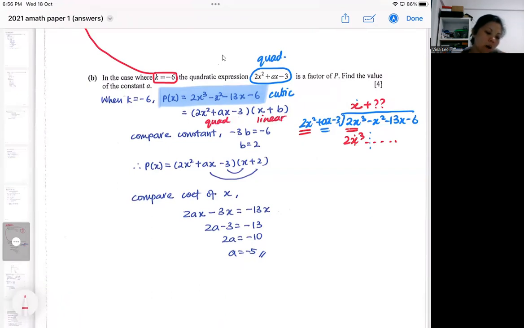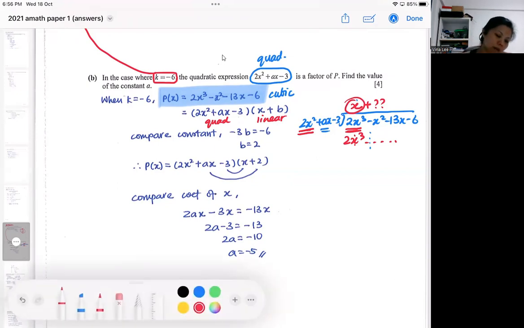How do I know it will be a linear function? If I'm able to do a little bit of long division, my quotient will be linear because 2x squared times x will give me 2x cubed. So I will know that my linear will be x plus a number, and the number is unknown, so I'm going to let it be b.